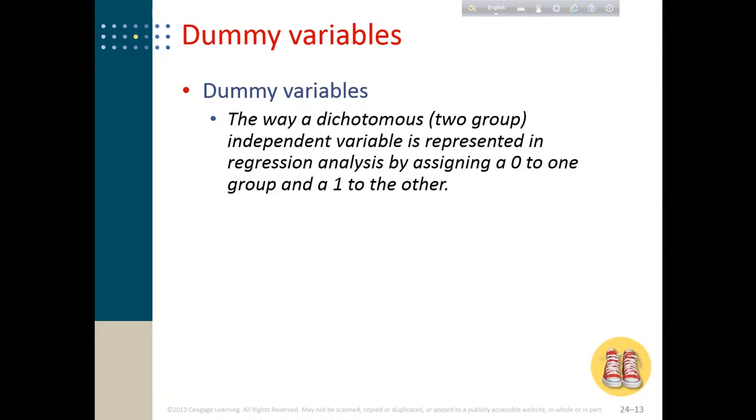One relevant topic we should learn here is dummy variables. As I already said, multiple regression is used when you have one dependent variable and multiple independent variables, and your independent variables can be metric or non-metric. Metric means interval or ratio, and non-metric means nominal or ordinal. When you have a non-metric variable, it might be possible that you use a dummy variable. So what is a dummy variable?